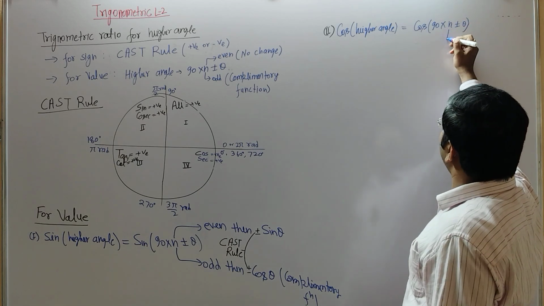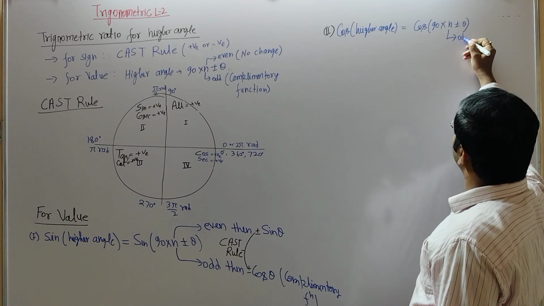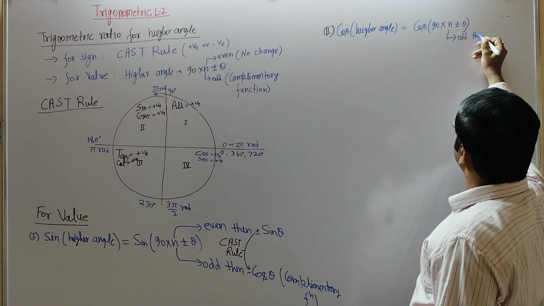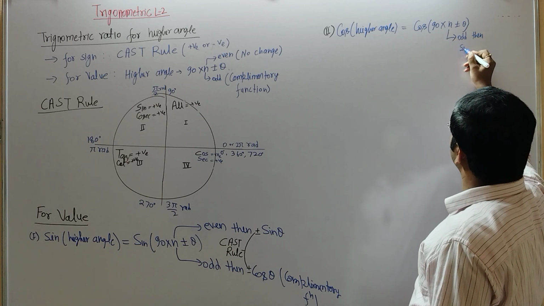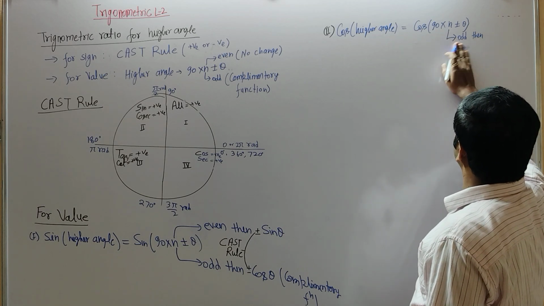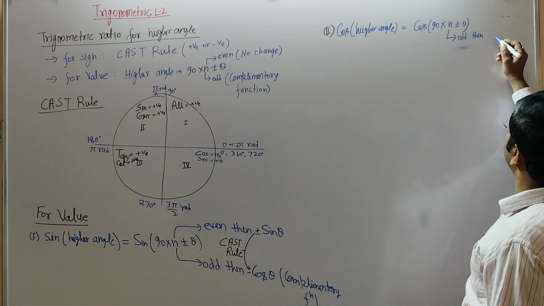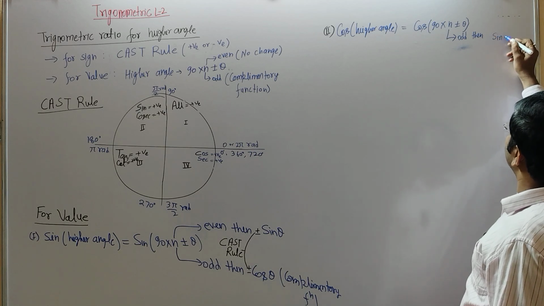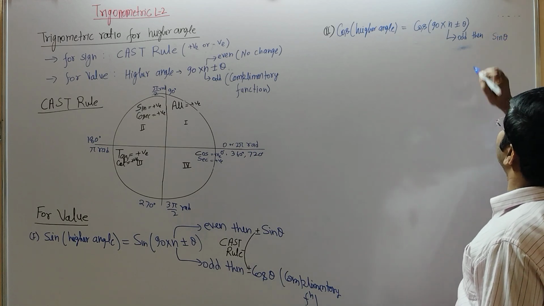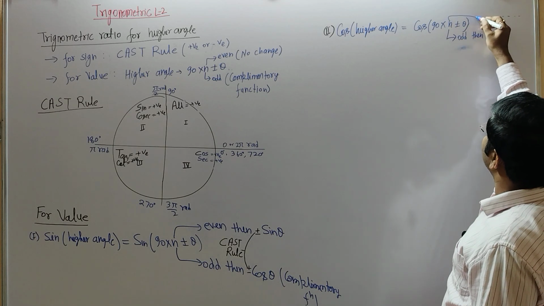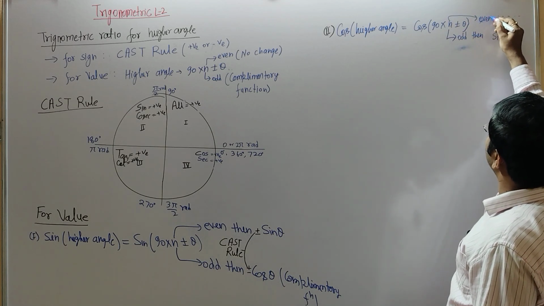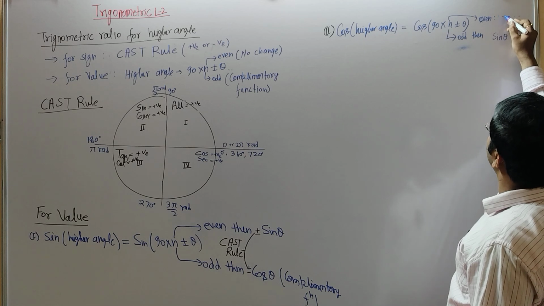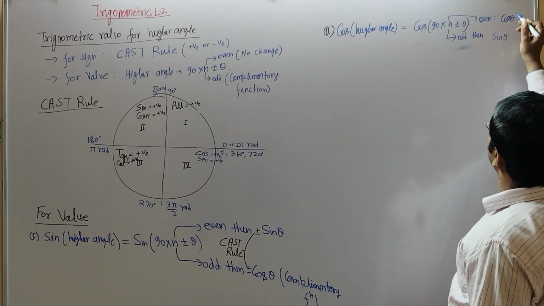Again, if n is odd, it will convert into the complementary function, meaning cos will convert into sine theta. If n is even, then it will remain cos.